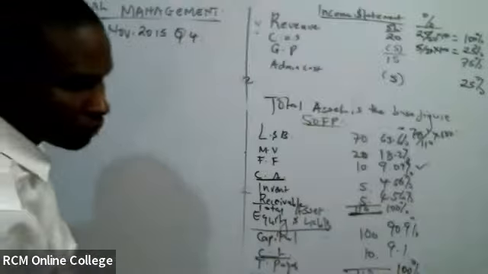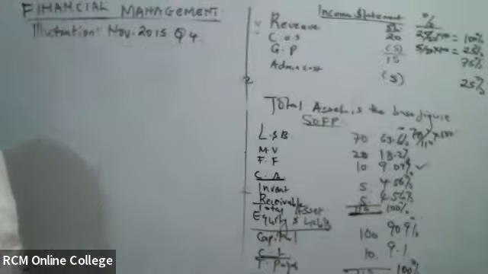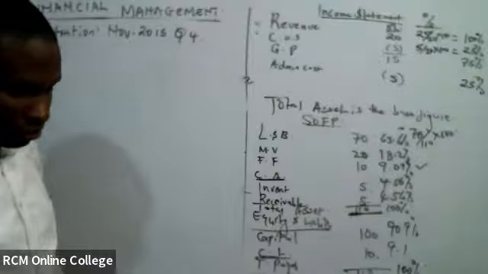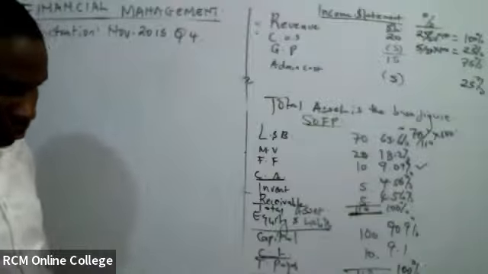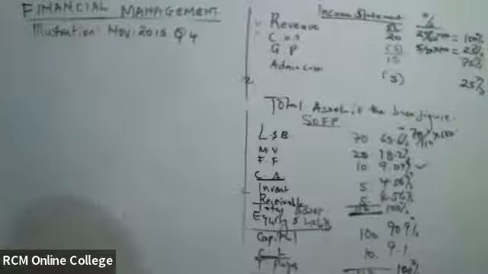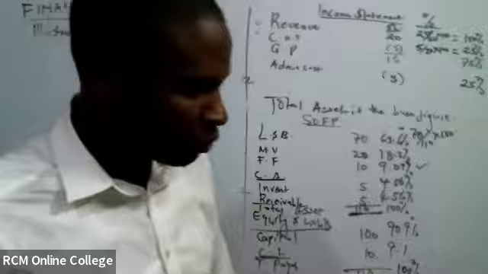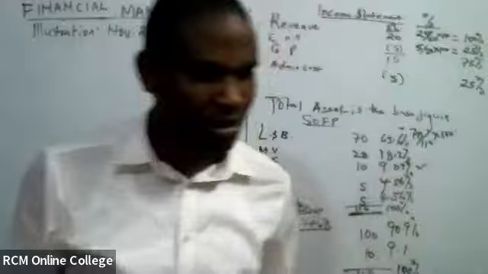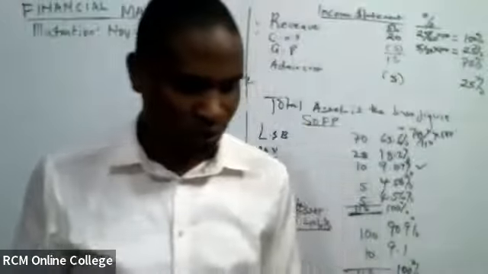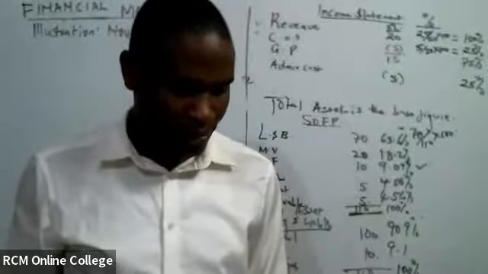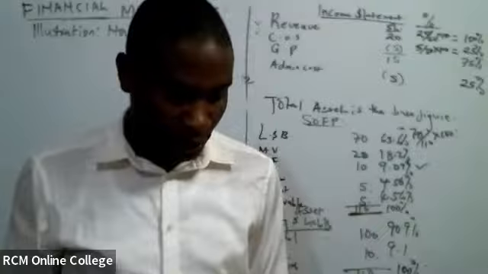November 2015, question number 4. That is a question that you can do very fast because it's just a simple question.